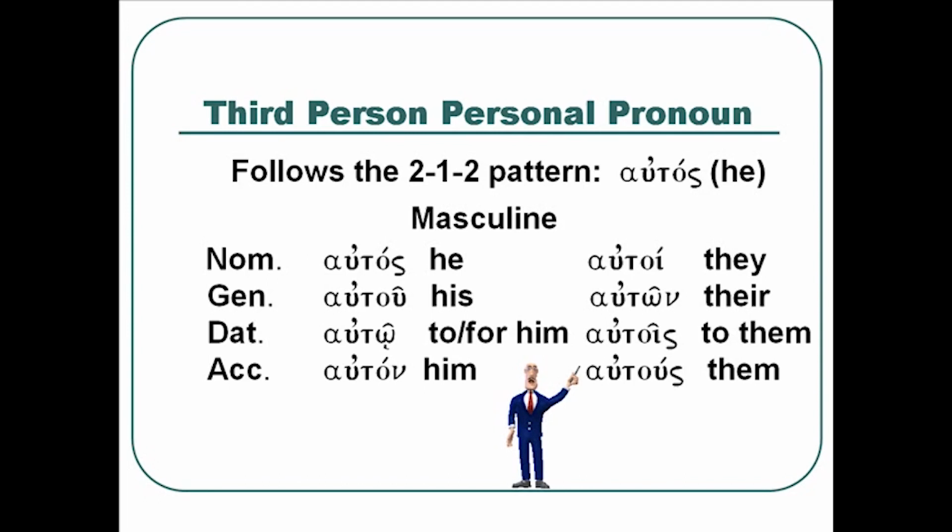The plural forms are autoi, they, nominative plural, auton, genitive plural, their, autois, to them, dative plural, and autous, them, accusative plural. You'll notice that the endings are the standard logos second declension endings. So there's really nothing to learn other than the nominative form, and then it declines the same way as logos, which is nice.